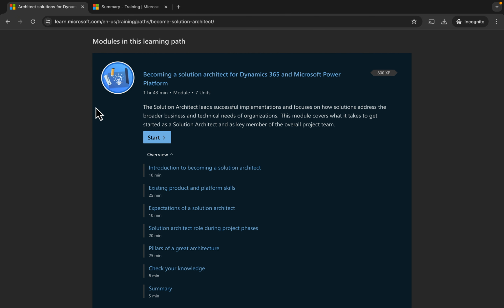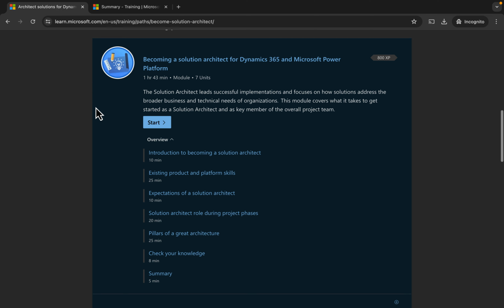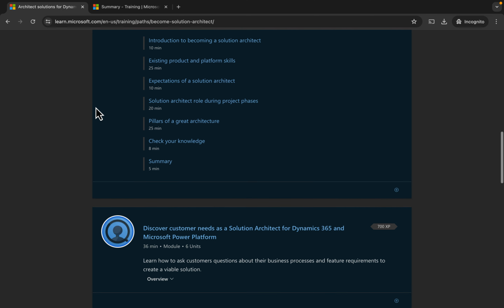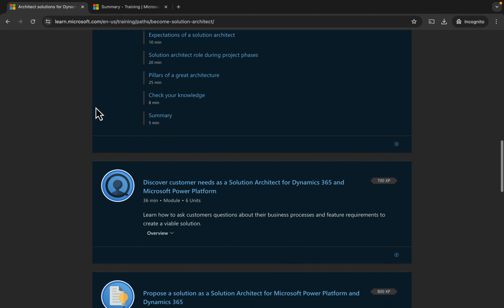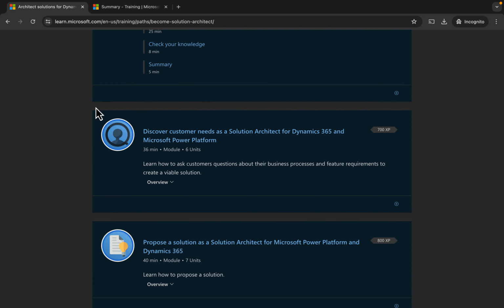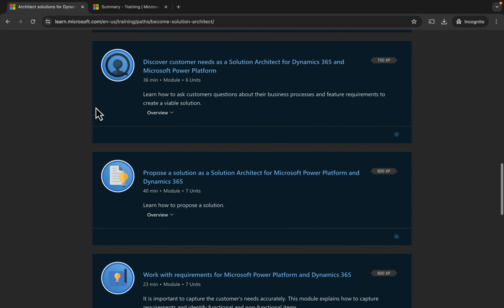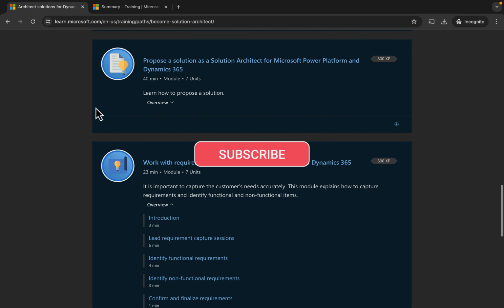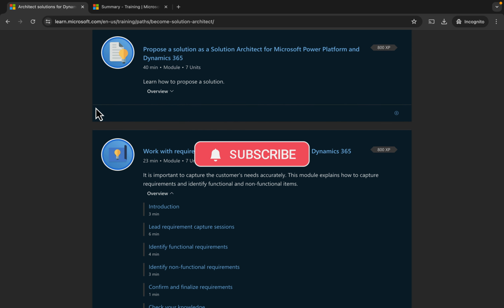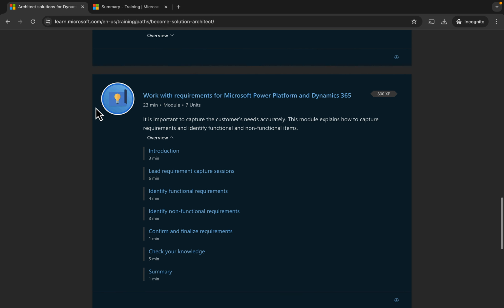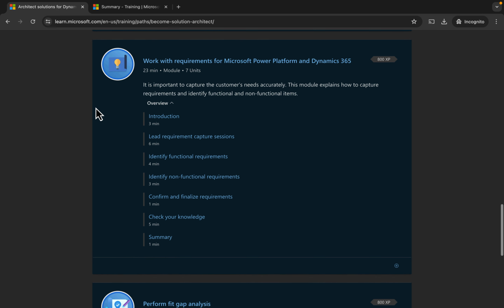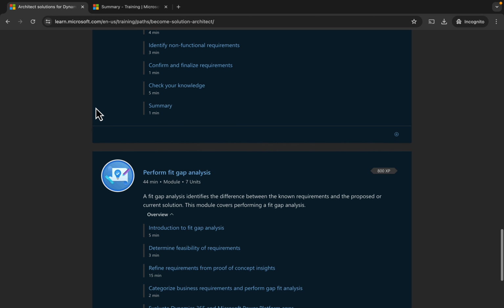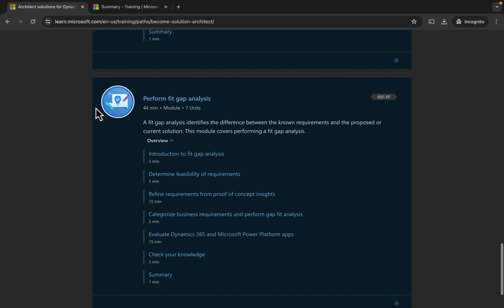Becoming a Solution Architect for Dynamics 365 and Microsoft Power Platform. Discover customer needs as a Solution Architect for Dynamics 365 and Microsoft Power Platform. Propose a solution as a Solution Architect for Microsoft Power Platform and Dynamics 365. Work with requirements for Microsoft Power Platform and Dynamics 365. Perform fit gap analysis.